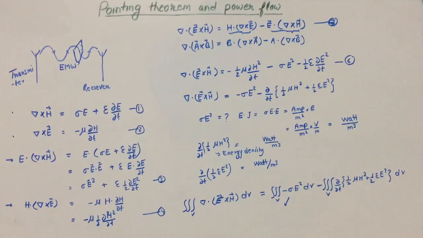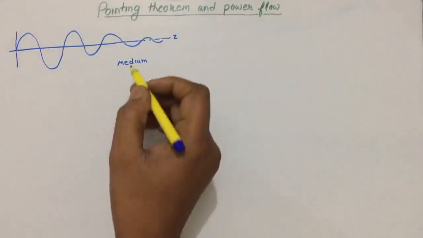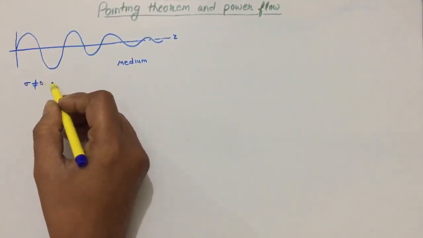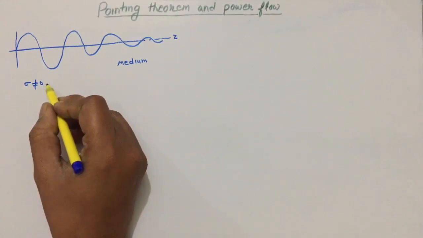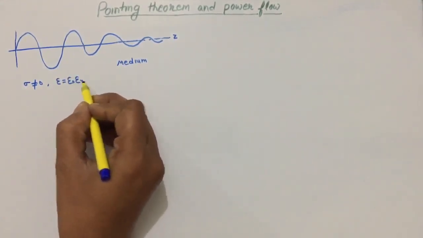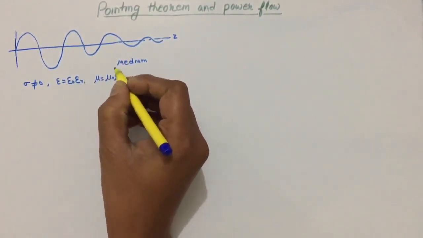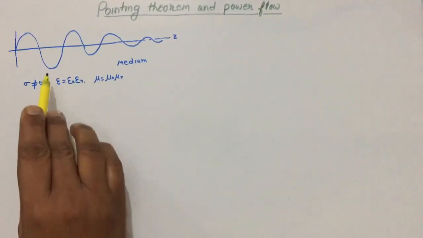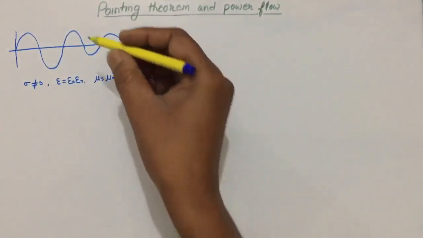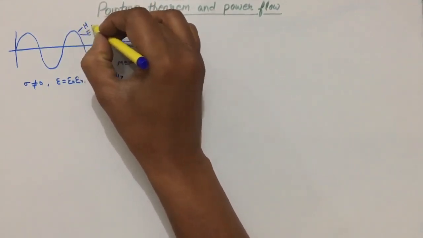Now let us consider a wave propagating in a medium which has conductivity different from 0, permittivity and permeability. In this case, as the wave propagates, its power decreases in the electric and magnetic fields.